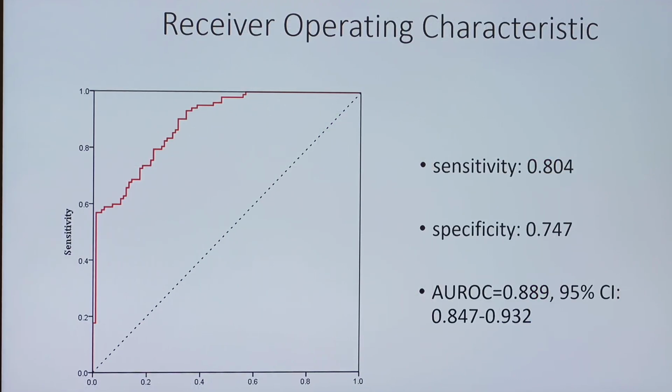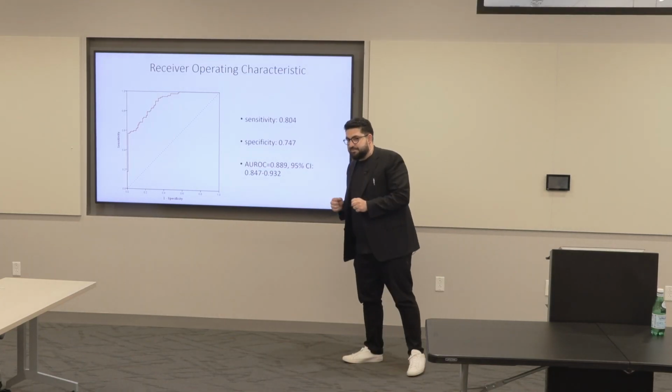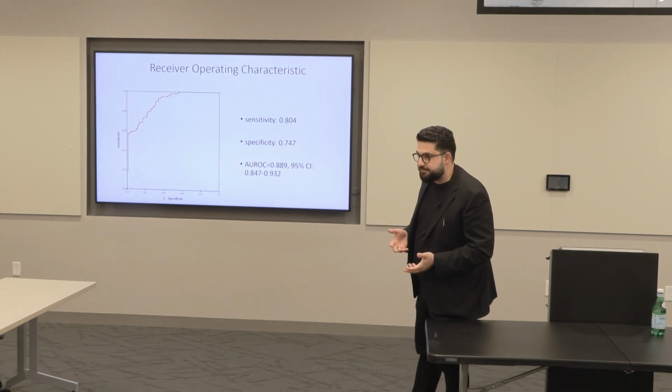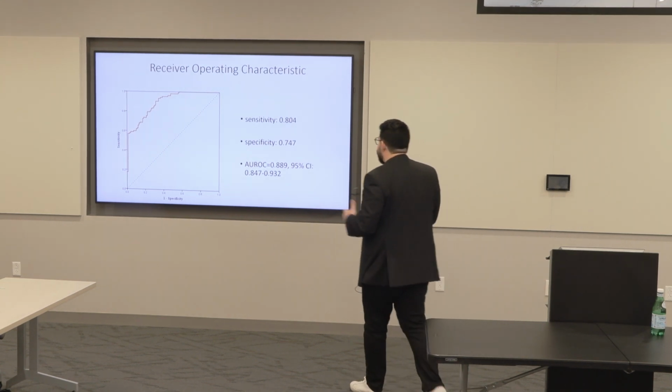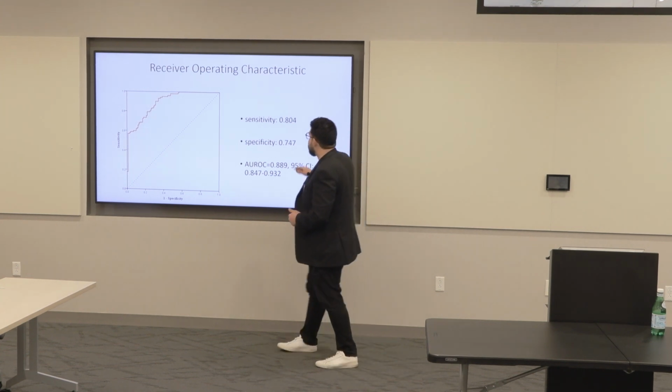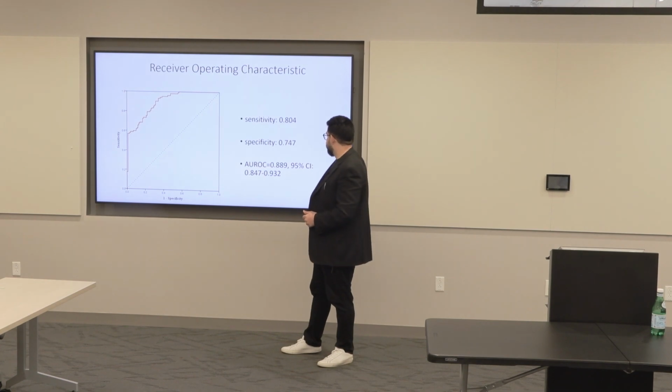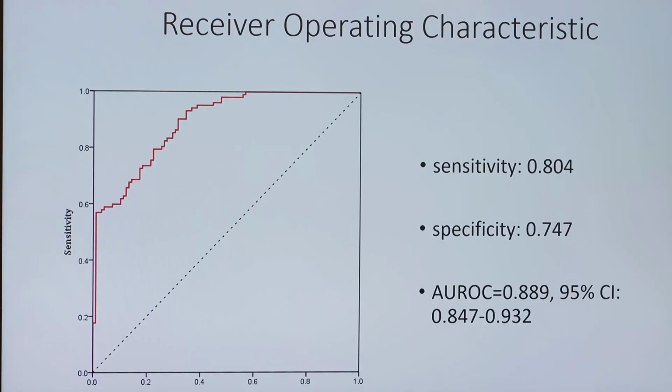When we take that model and we say, okay, you have levels of all of these metabolites, we have 6 metabolites, and we also want to factor in age. Age is a good predictor here. So we factored in age, and we see that it has an accuracy of 88.9% with a confidence interval of anywhere between 85 to 93%.